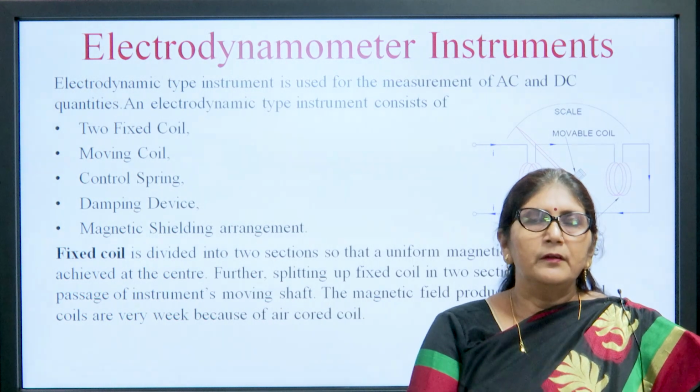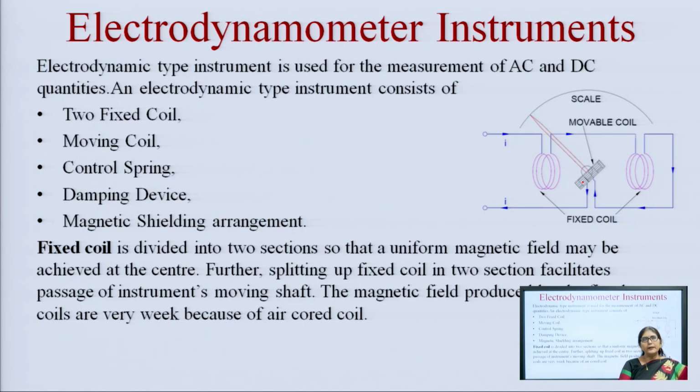Now, in this lecture I will cover only the electrodynamometer type wattmeter, and in the next lecture I will cover the induction type wattmeter. Before going to the construction and working of the electrodynamometer type instrument, first of all we have to see the basic principle of the electrodynamometer type instrument.